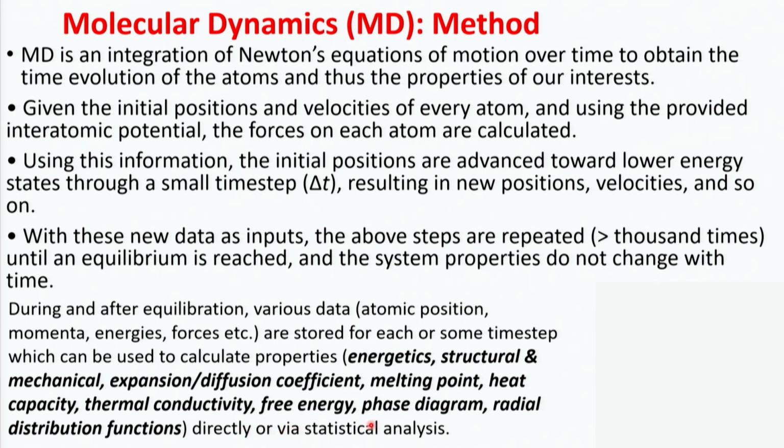Okay, so these time dependent properties we can collect, and then we can use statistical methods, which rely on the ergodic principle. If it's satisfied, then we can get all these properties using the statistical analysis.